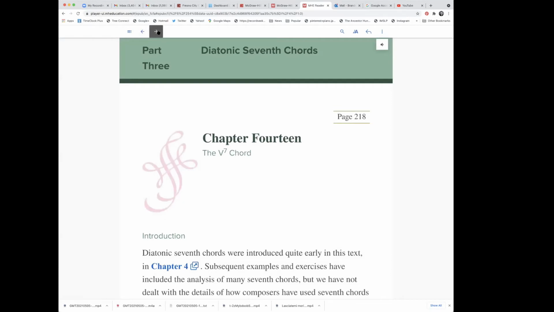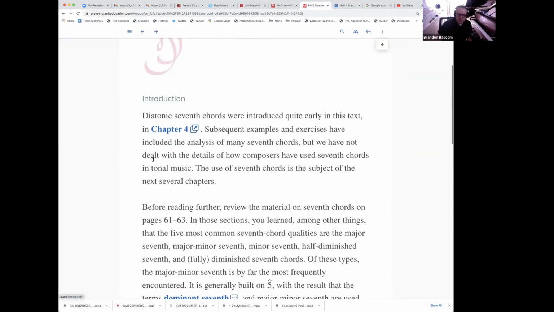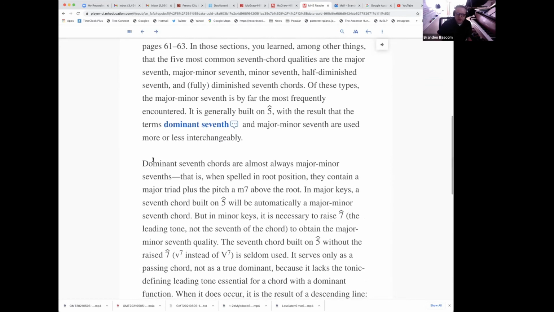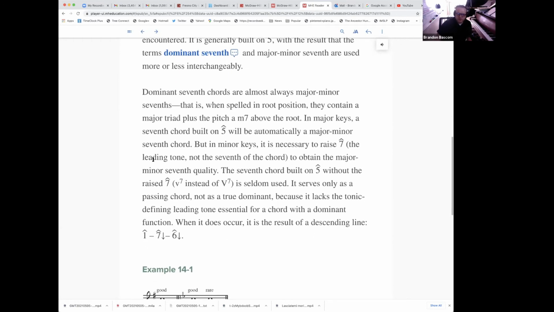Cool. We made it through 13. 14 was all about the dominant 7th chord. Do you remember this chapter? I have no recollection of this chapter. Dominant 7ths are almost always major minor 7ths or dominant 7ths. That's what we refer to them as.